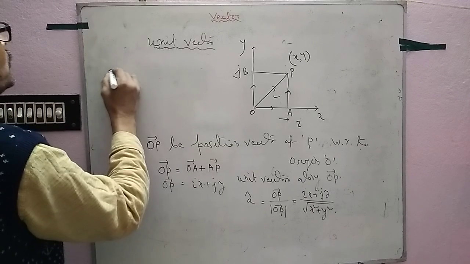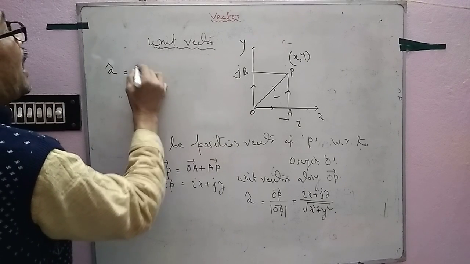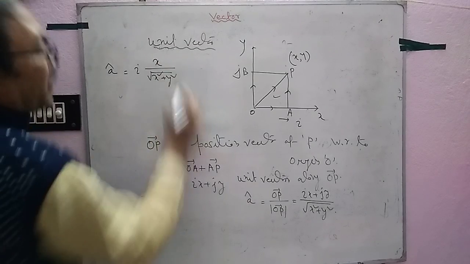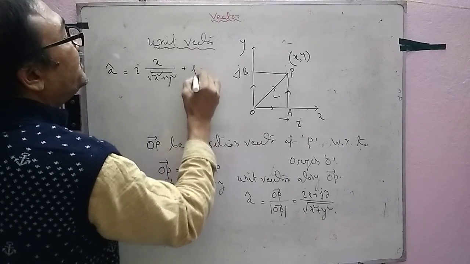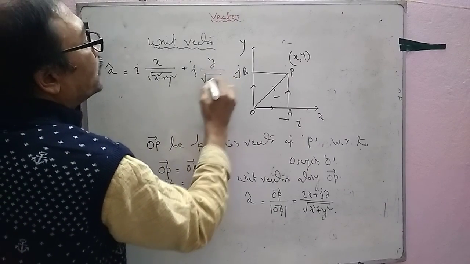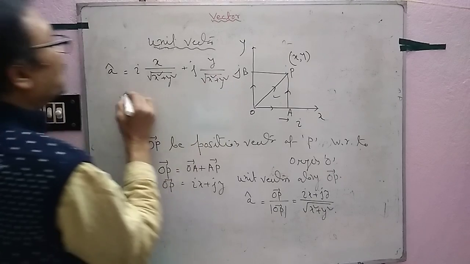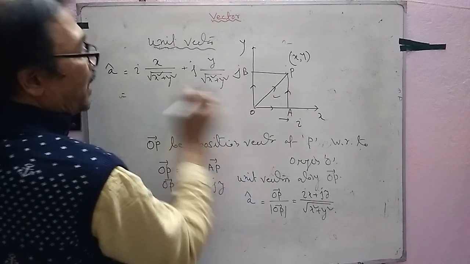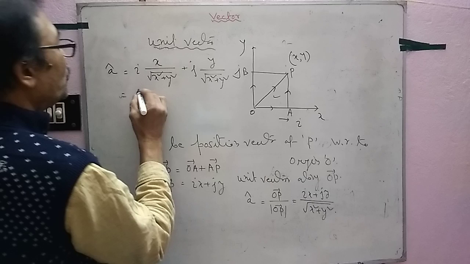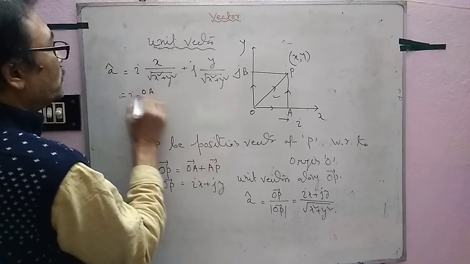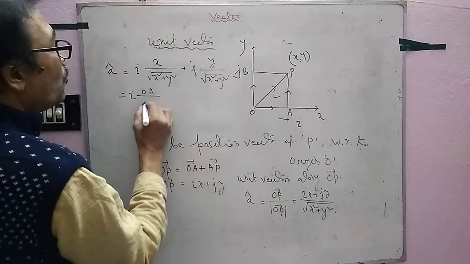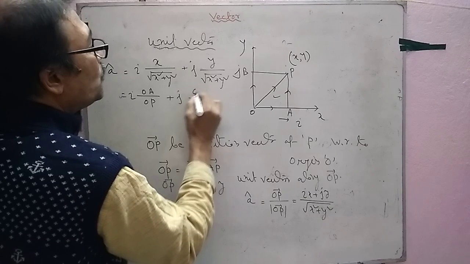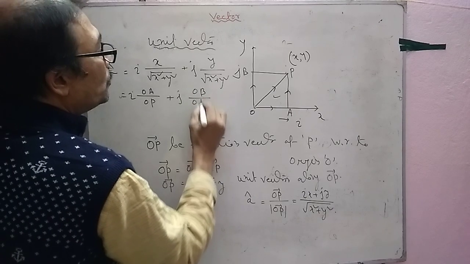Now a cap equal to ix plus jy over root x square plus y square. If we break it and write, follow, x by OP, x means OA, i into OA by OP plus j into y equal to OB by OP.